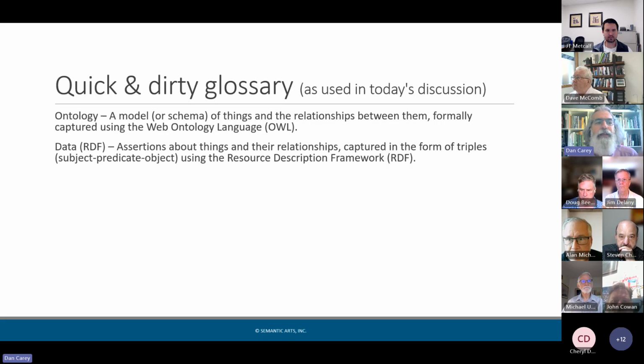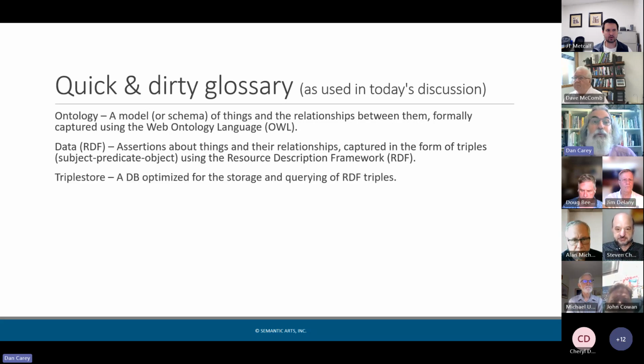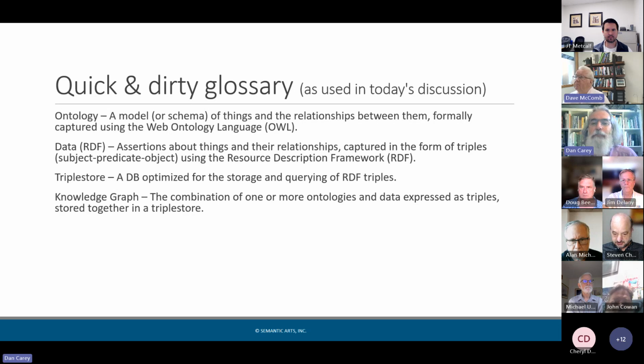concern. The data, which is formatted as RDF, or assertions about things and the relations between them, are done as triples, and we use the RDF syntax. A triple store is a database that's optimized for storage of RDF triples. And then a knowledge graph is a combination of one or more ontologies and data expressed as triples stored together in a triple store.